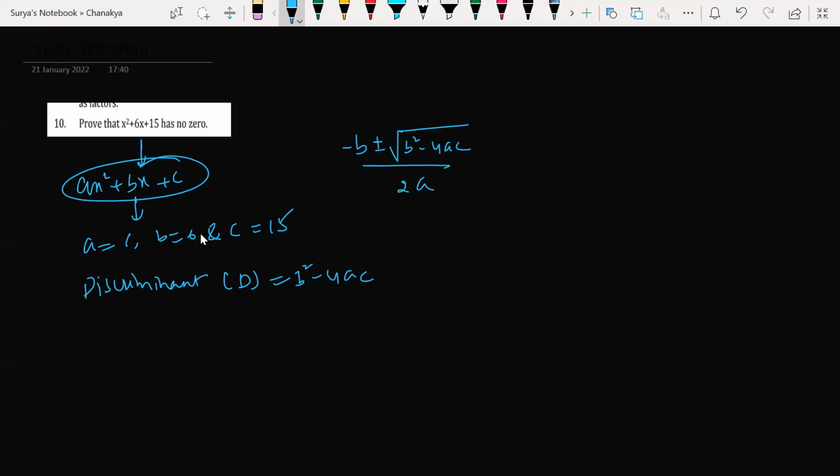Look at this here, b square. What is b square here? 36. Piyush was about to suggest something. Sir, I was saying the same thing, I guess we can try this method, and maybe the roots will cancel out each other.